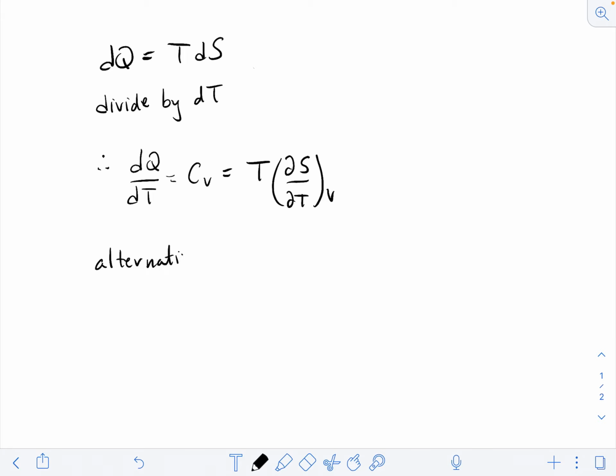What we would do is first divide by T and then integrate with respect to temperature. S is going to be the integral with respect to temperature of the heat capacity divided by T, and that integral is over temperature.